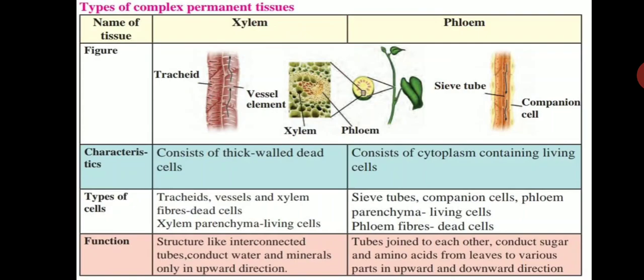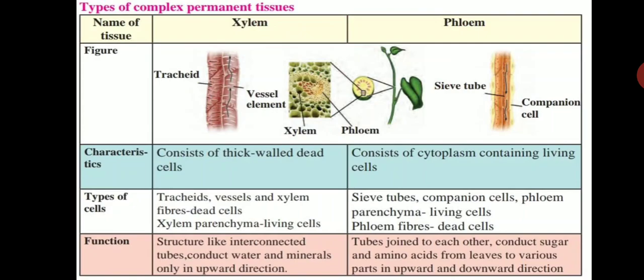So transportation of water and minerals is the function of xylem tissue. And in case of phloem tissues, these tubes join each other and conduct sugar and amino acids from leaves to various parts of the plant body in upward as well as in downward direction. So these are the complex permanent tissues.